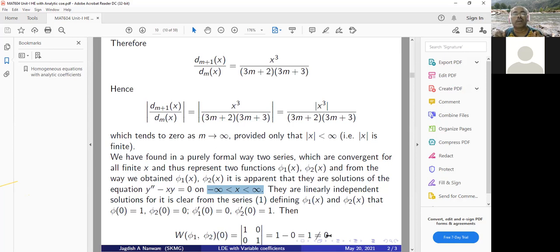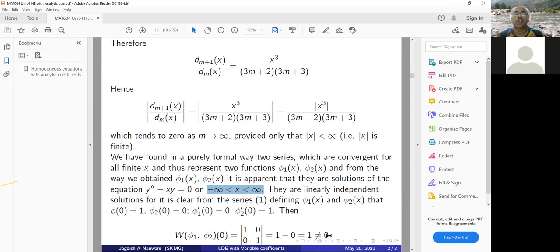Two solutions phi 1, phi 2 of L of y is equal to 0 are linearly independent if and only if the Wronskian of these two solutions at some point is not equal to 0. If it does not vanish, then those two solutions are said to be linearly independent.